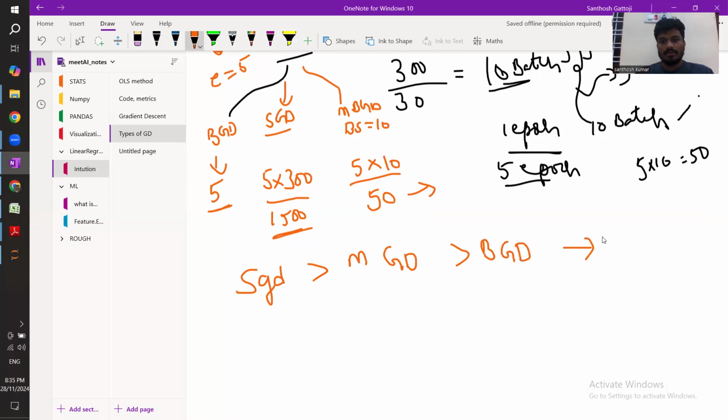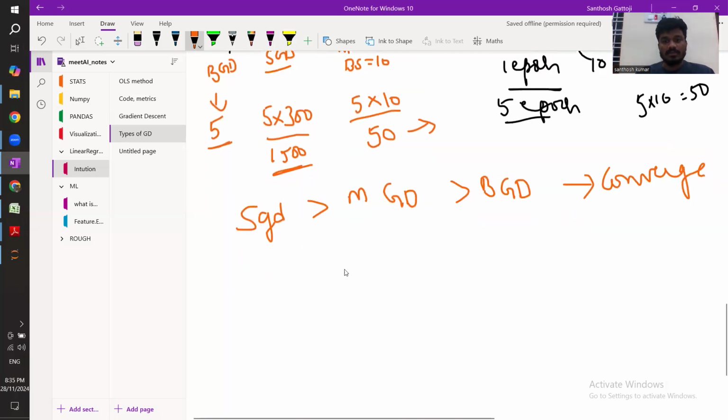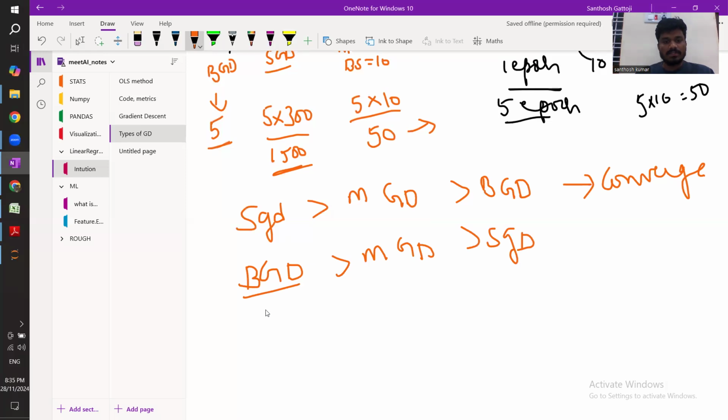But solution wise, batch gradient descent will be greater than mini batch gradient descent, which is greater than stochastic, because you're using the complete data set, so it is possible to get the best solution. Small chunks give the next best, then stochastic. But since it is so fast, usually people use stochastic only, because for all practical purposes, if you use enough epochs, it is going to give you the best results.